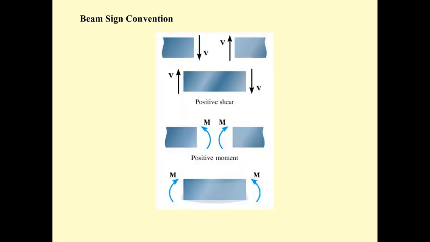Then if we cut the structure at a point, usually we have shear and moment. If we cut it and consider the left segment, the downward shear is considered positive shear, and the counterclockwise moment is considered the positive moment.